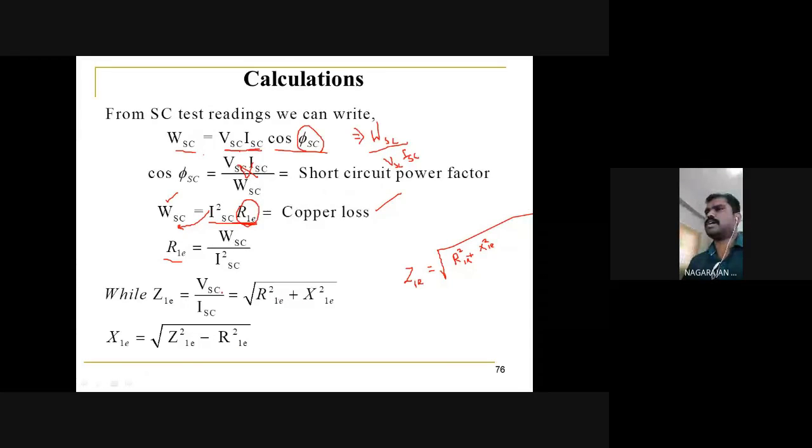Otherwise, it is given as VSC divided by ISC. This current depends on the total impedance of the transformer as well.